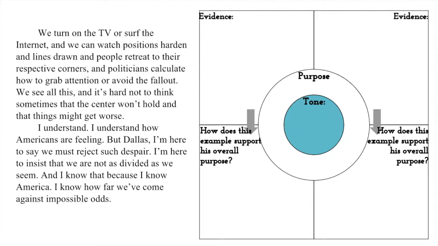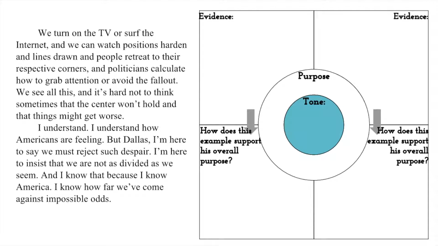Let's take a look at the tone of this part of the speech. Each of you received this part in your excerpt. As I read, look at the words that I select and think about what tone you think they develop.